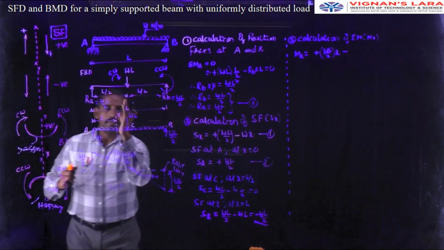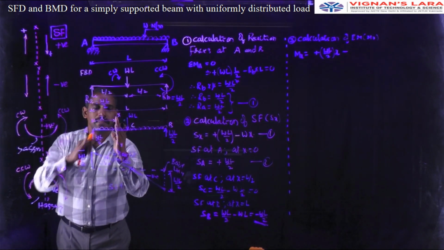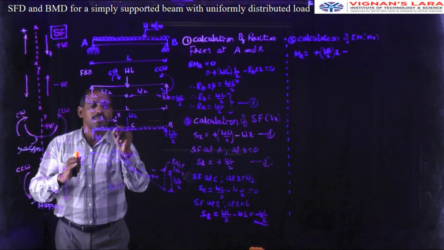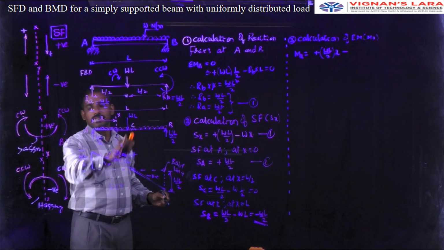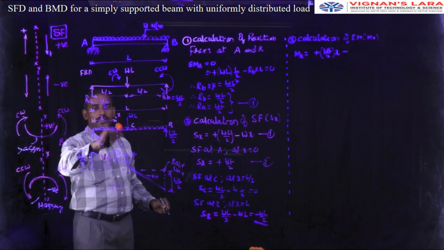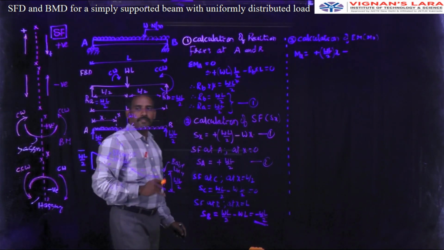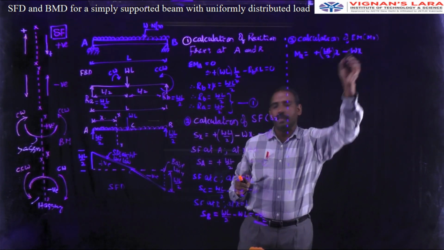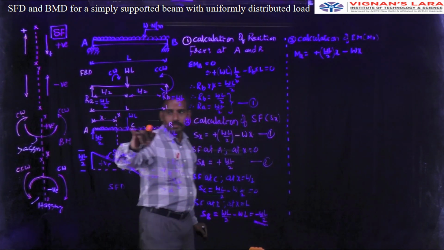So you remember this is the section XX, and this is the uniformly distributed load over a distance small x. It produces the counterclockwise moment, so that's why I have taken minus. Its value is Wx, no doubt at all, W into x.